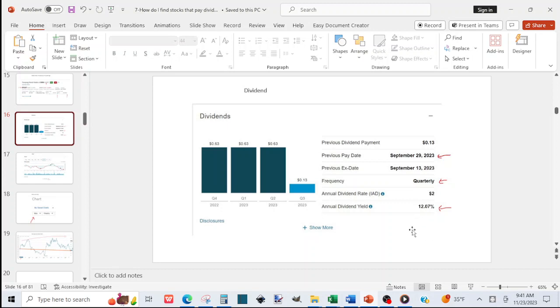So when you buy some shares of a stock, on a quarterly basis, and some can be semi-annual, but on a quarterly basis, they will pay you a dollar amount per share. And you can see that there.